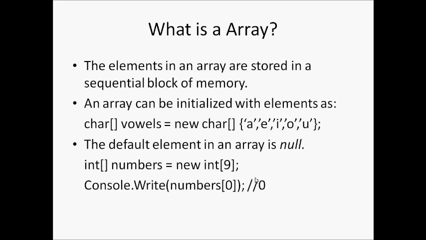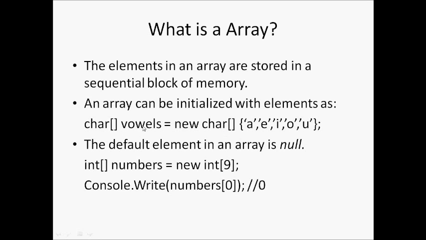An array can be initialized with elements such as this. You want to initialize when you declare the vowels character array, because you could specify the elements within this brace. So the number of elements in here defines the max number of the array.